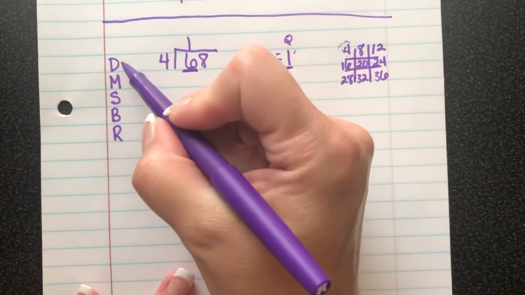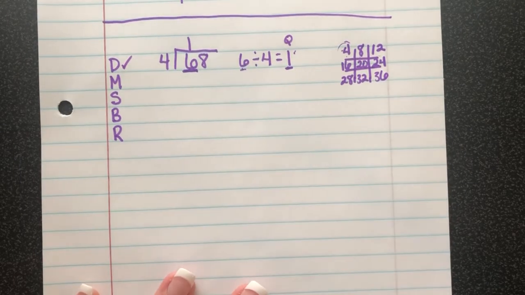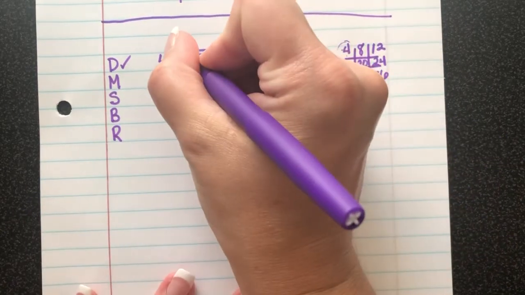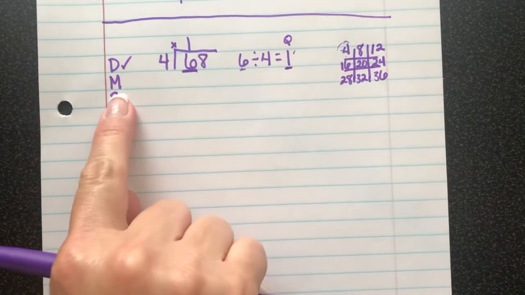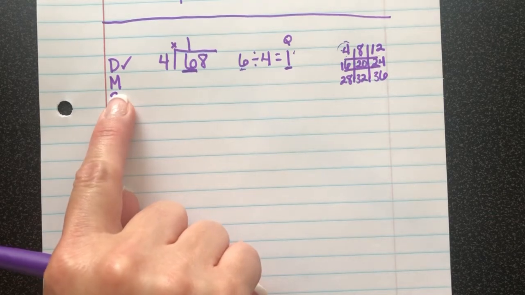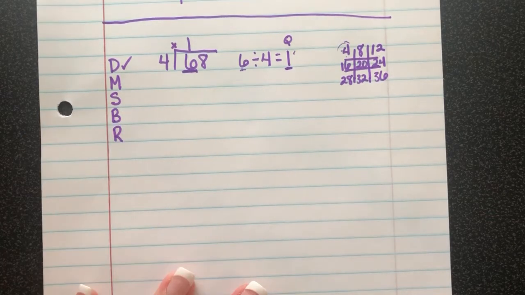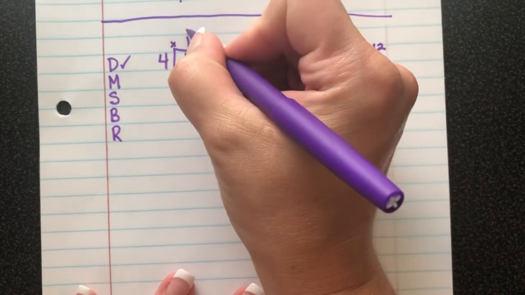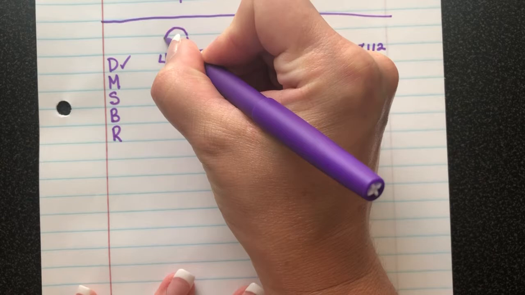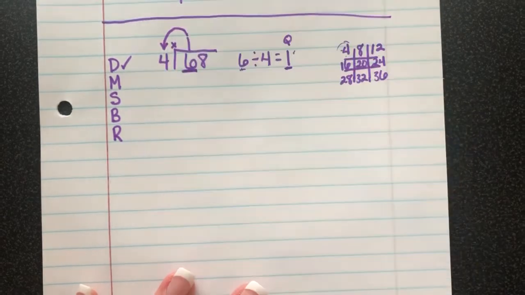All right, so we just divided. Ta-da! Step 1 is done. Now I'm going to put a little multiplication sign on the corner of my house. That's for the next step, for multiplication. I like to use arrows because I'm very much a visual learner. I need to touch and see exactly what I'm multiplying.